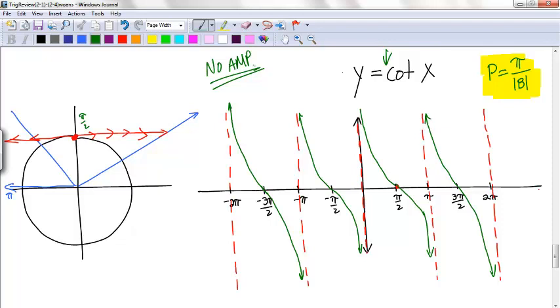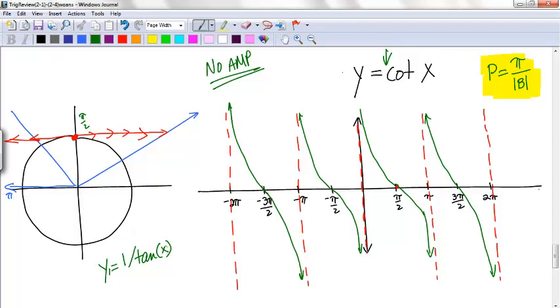You don't have cotangent on the calculator, but cotangent is a reciprocal with tangent. You may put this graph in two different ways on your calculator. You can go y equals 1 divided by the tangent of x. I'm kind of the old school, that's how I learned it. So 1 divided by tangent of x.